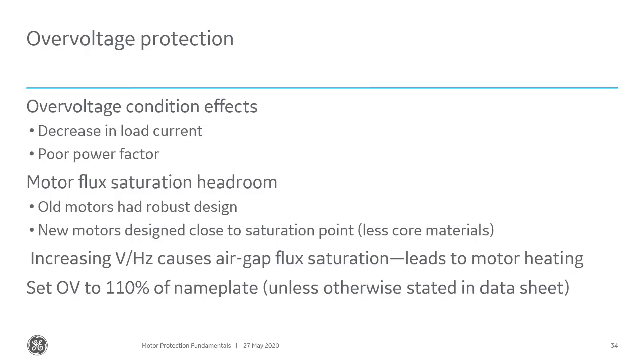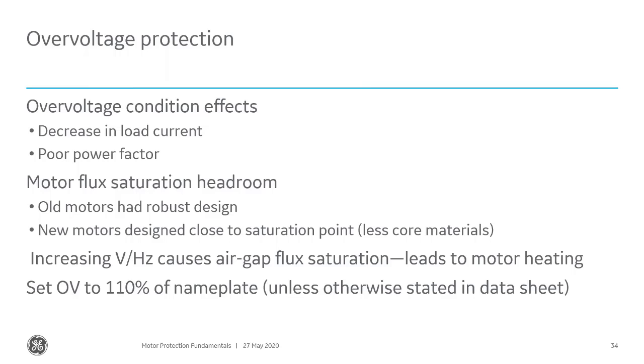So because we're increasing the voltage, we're going to overexcite the machine, and we're going to drive excitation currents in places that they're not meant to be, like the motor frame or the transformer frame, things like that. So we need to protect for that reason. The other thing that we might do is we probably are going to decrease the load current. So we're going to have less load, and we're probably going to affect the power factor.